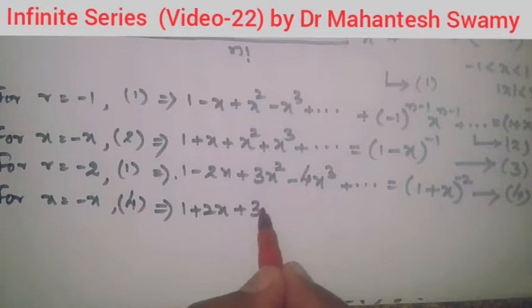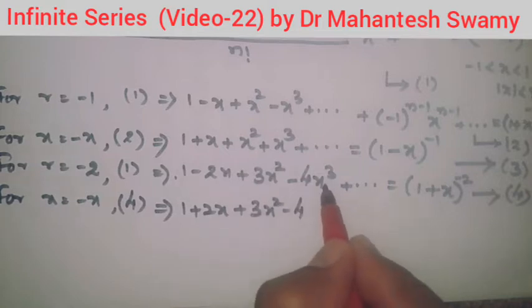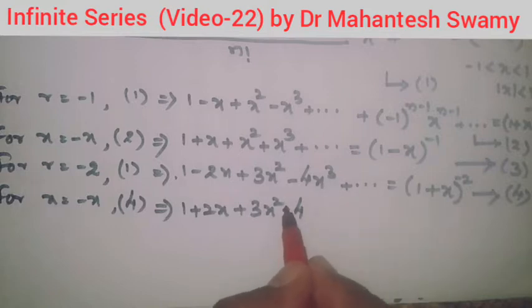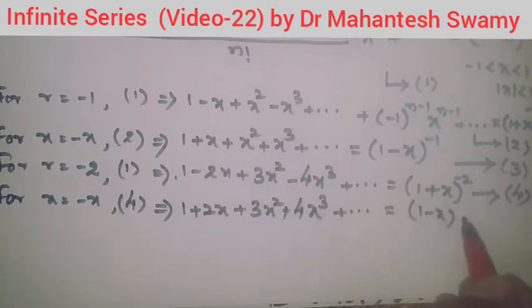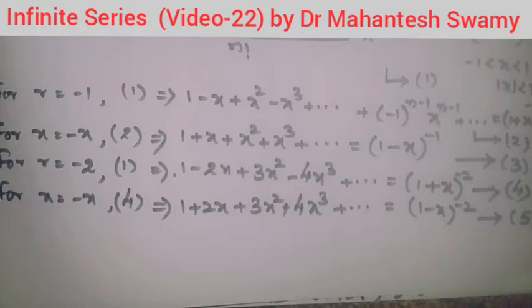Here it is plus 3x square, because minus x whole square is plus x square. Here minus 4 as it is, but minus x whole cube is minus minus plus, so it is x cube. Likewise all the terms will be positive, and the series will become 1 minus x whole to the power of minus 2. So this is another series, call it equation number 5, that is series number 5.